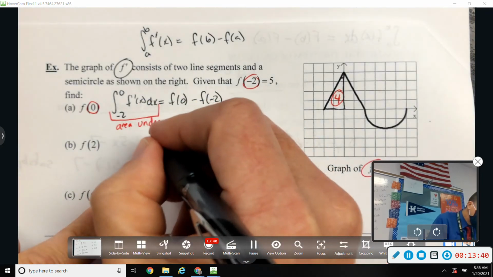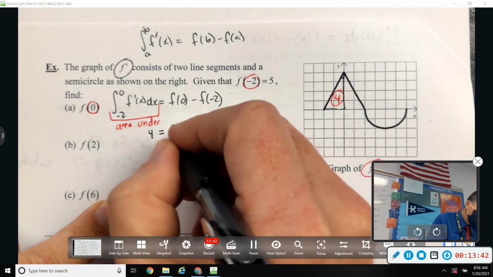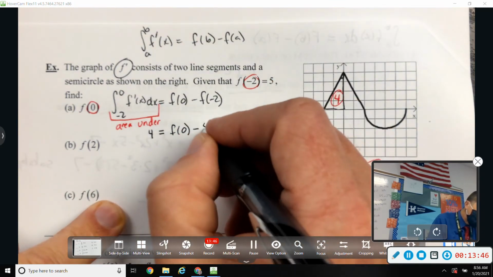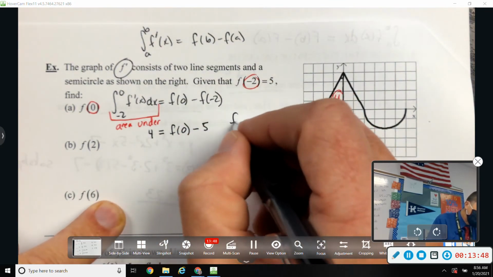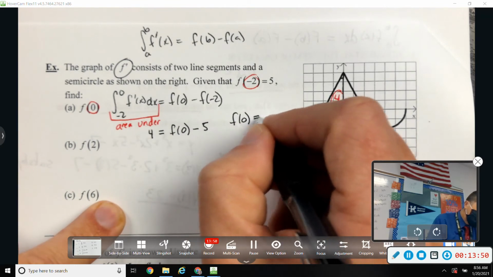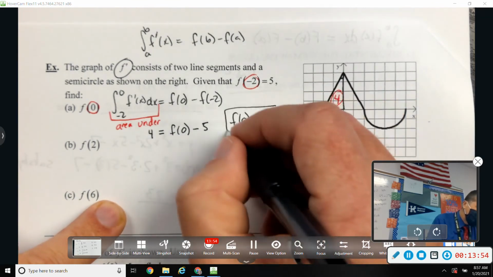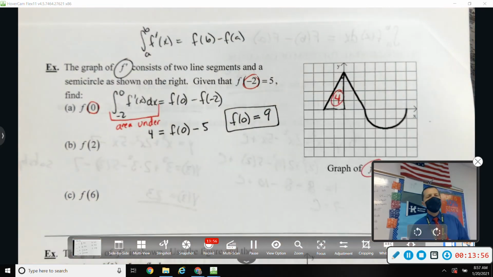So 4 equals f of 0 minus f of negative 2, which is 5. So that means f of 0 should be 9. Questions on that one?